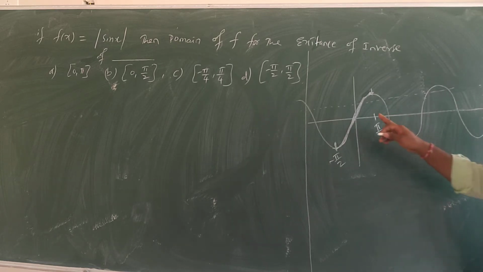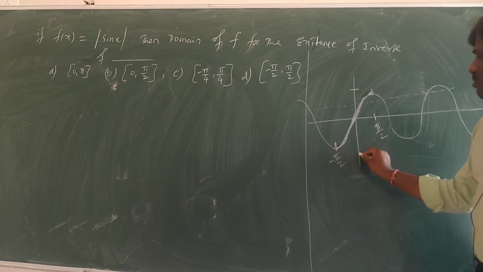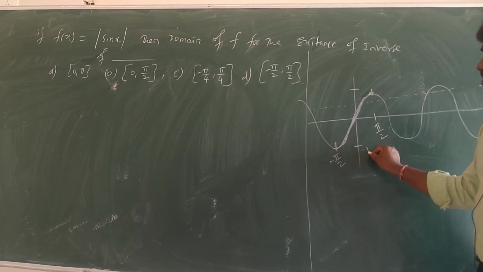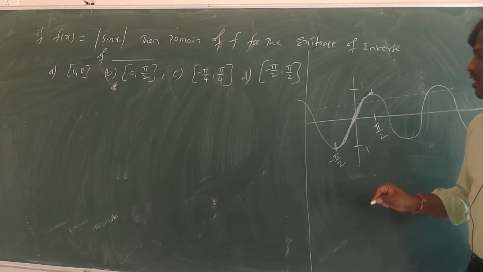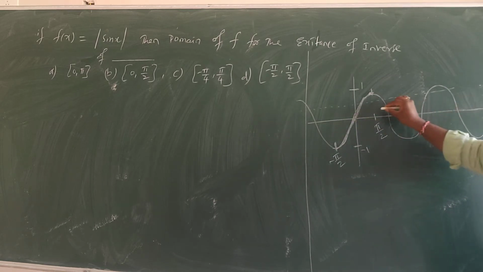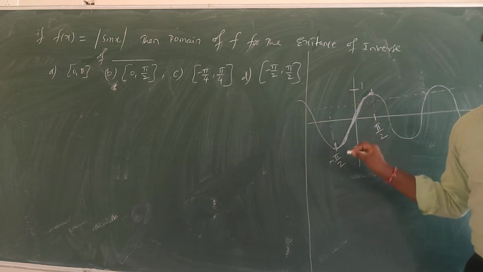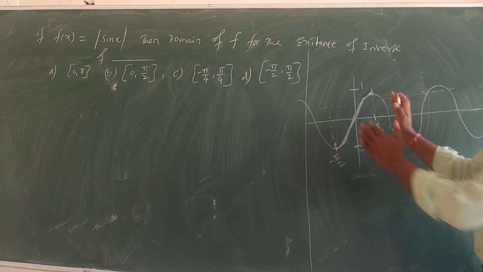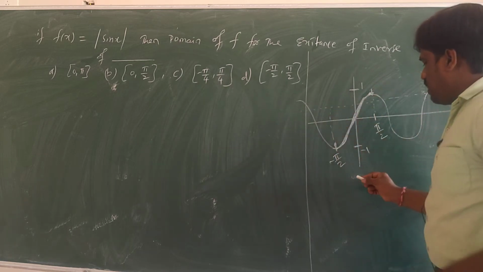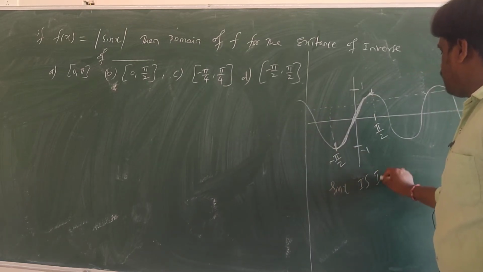So when you restrict the domain like this, the range of sin x is minus 1 to plus 1, and the domain is real. But if I take this restricted part, then sin x is invertible.